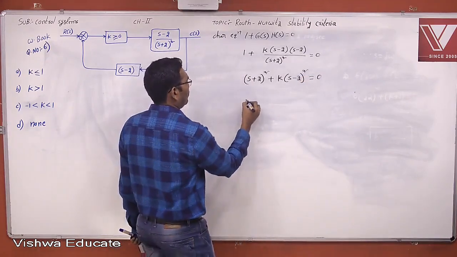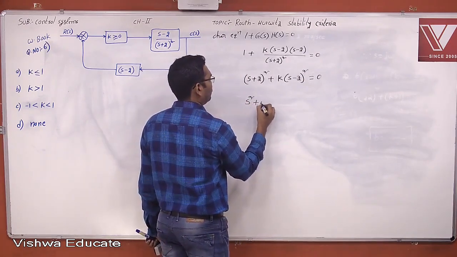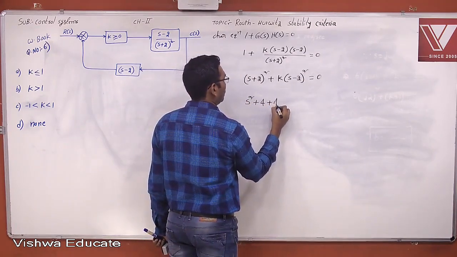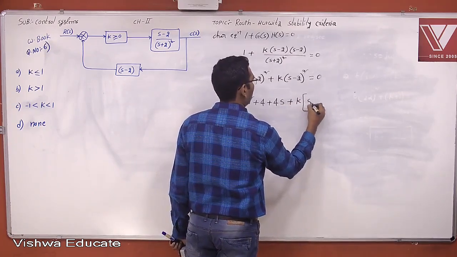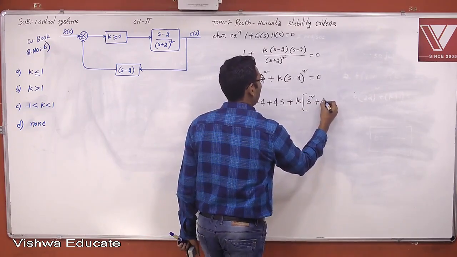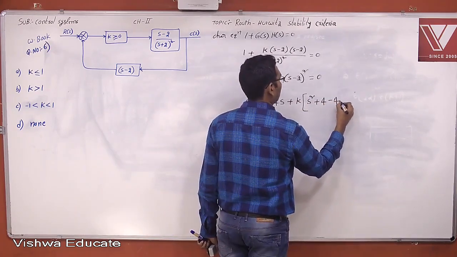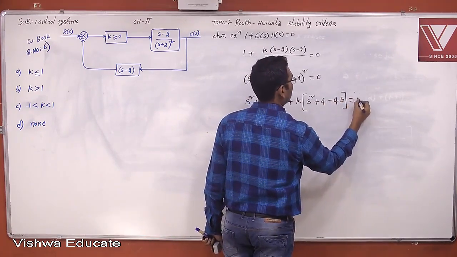Therefore, a square plus b square plus 2ab plus a square plus b square minus 2ab is equal to 0.